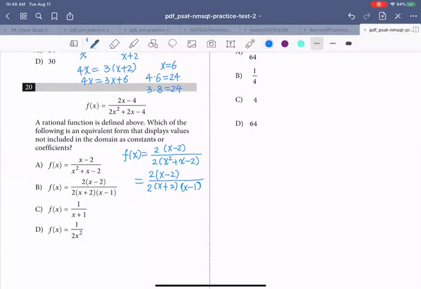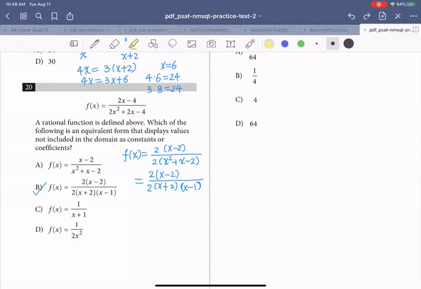What's the part you get confused? The second part. So let's read this one carefully. A rational function is defined above. So this is a rational function.